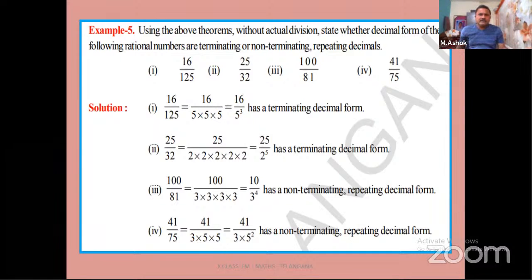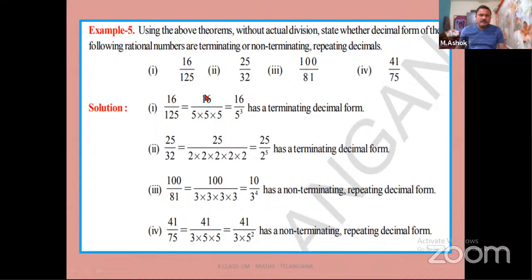So it is easy for us, for 10th class students only. This sum is something 9th class students can't do, because we have just learned theorems 1.4 and 1.5. Based on those, without actual division, we are able to say whether these are terminating or non-terminating. So look at example number 1, 16 by 125.